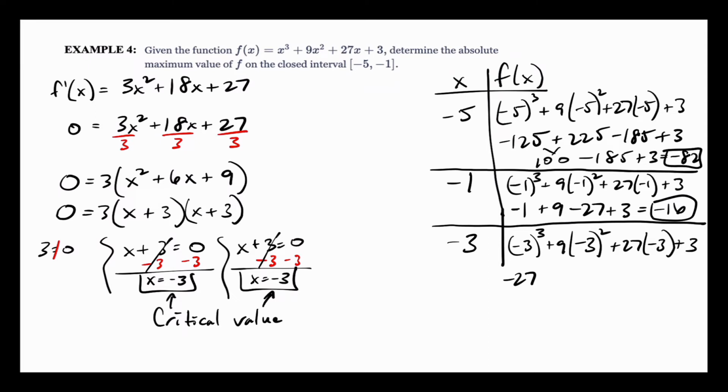Negative 3 squared is 9 times 9 is 81. 27 times 3 is 81. Plus 3. The 81s cancel out. I have negative 24.